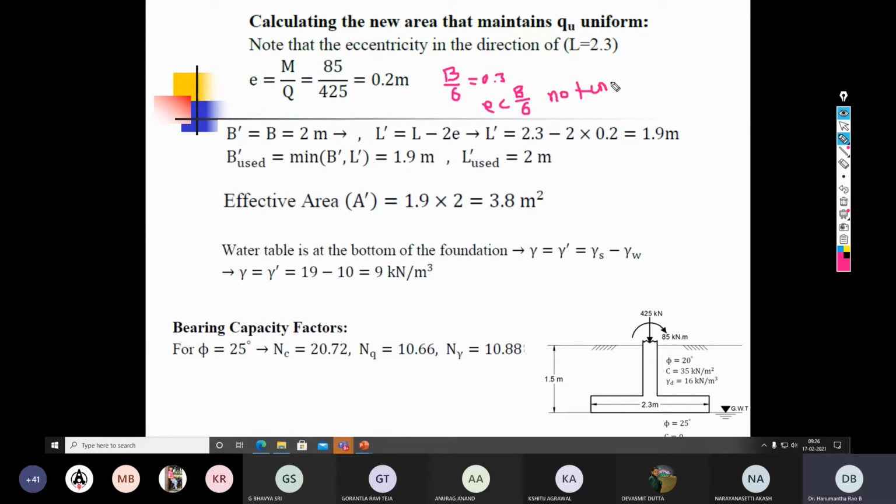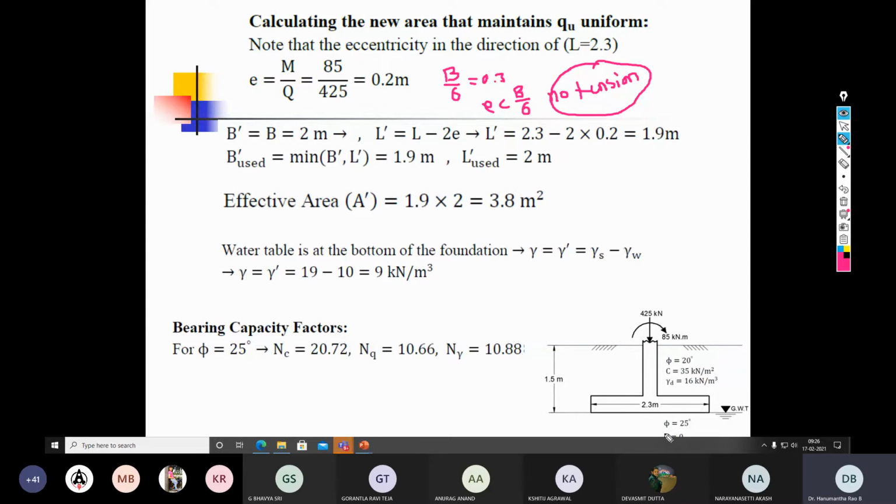So that means there is no possibility of tension development. Since it is less than B by 6, or within the zone of B by 3, no tension develops below the footing. No tension means no separation of footing from the soil. That is the meaning of tension here. But it doesn't mean that there should not be Q max and Q minimum values.